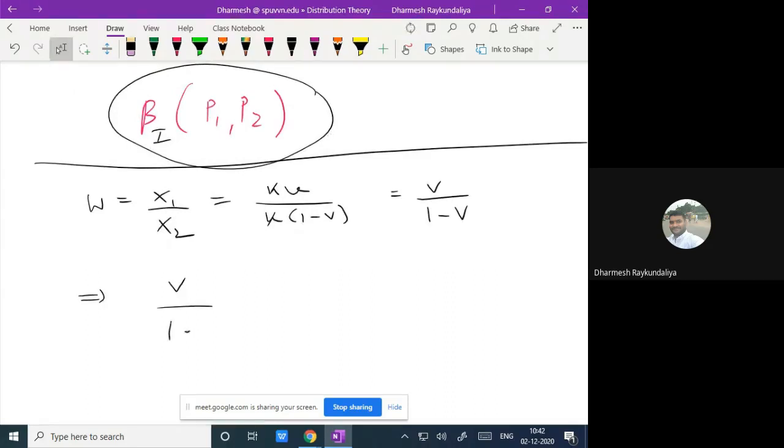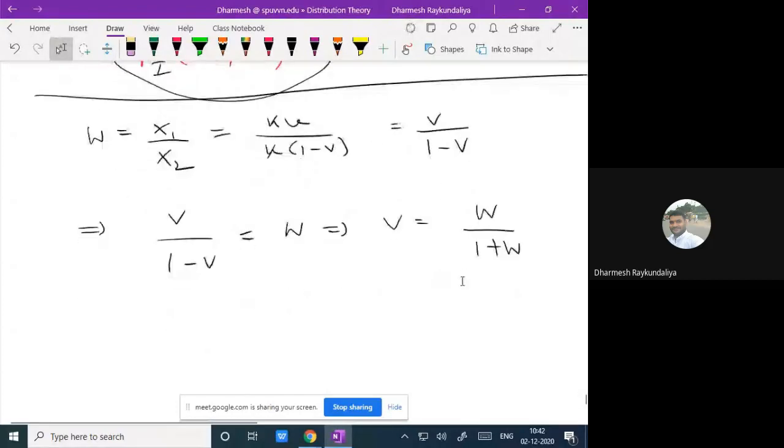We have given that v upon 1 minus v is equal to w, which implies v equal to w upon 1 plus w. Just add and subtract, okay, so what will you get? v equal to w upon 1 plus w.